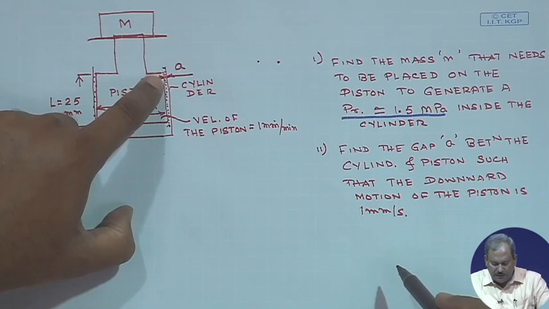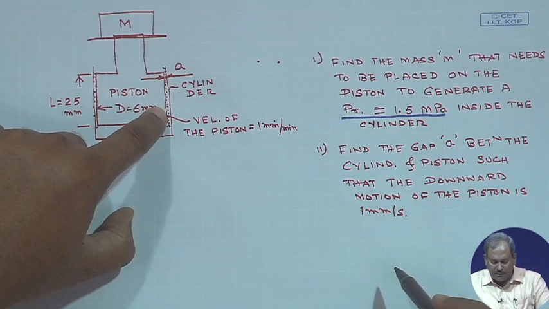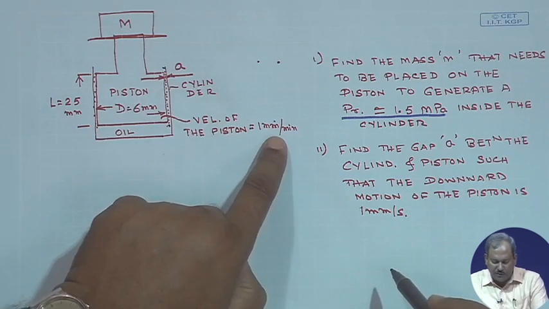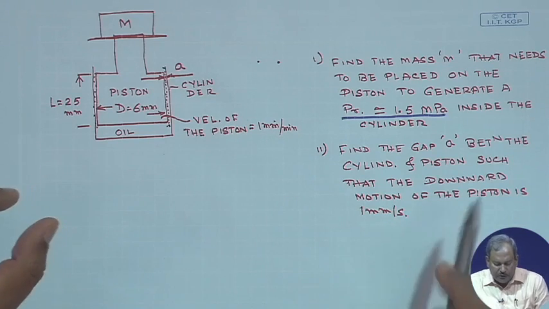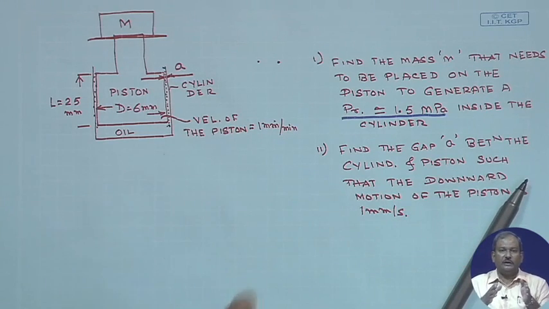At the same time, the piston velocity is fixed as 1 millimeter per minute. So, you must find out what is the space between the cylinder and piston that would allow the system to work in the specified form.